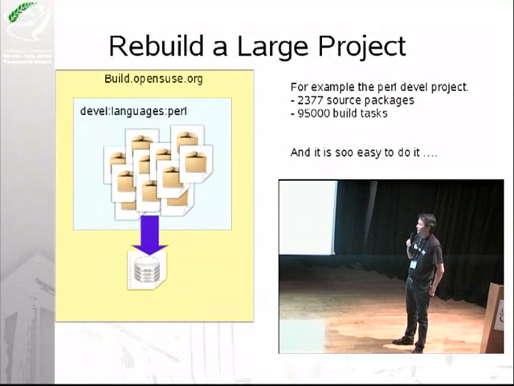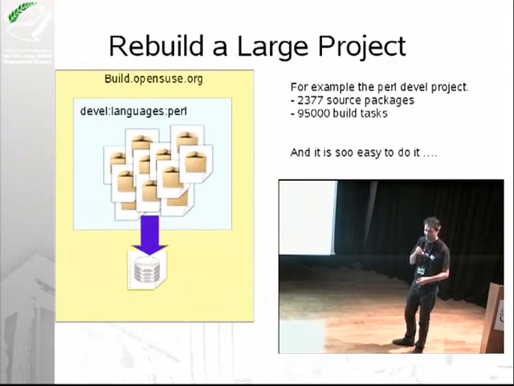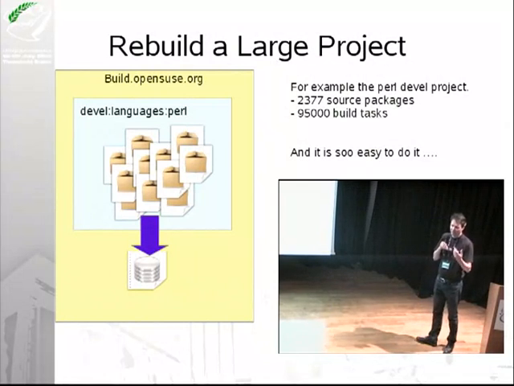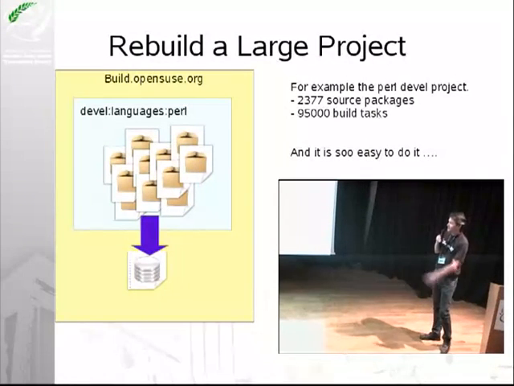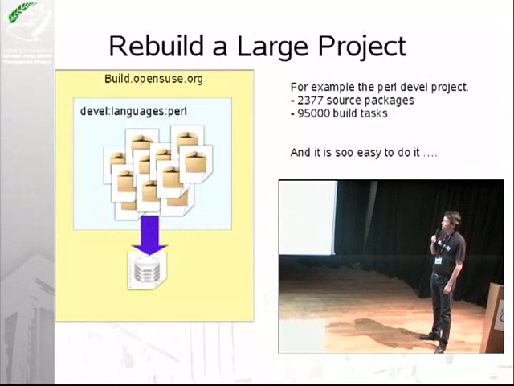And for me as a build service administrator, the Perl package is much worse than, let's say, KDE or LibreOffice, because KDE and LibreOffice packages build long. So there are only a few packages and they build long, and well, that's understandable time. This project builds fast actually.